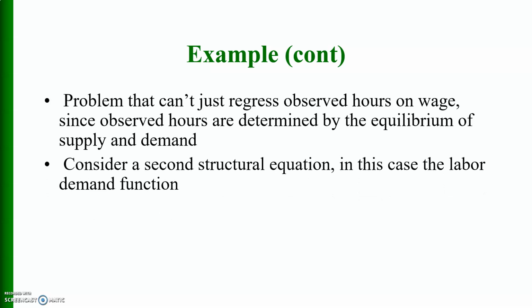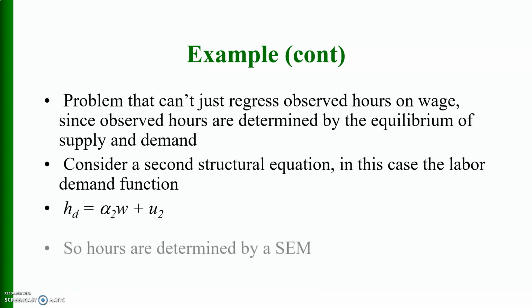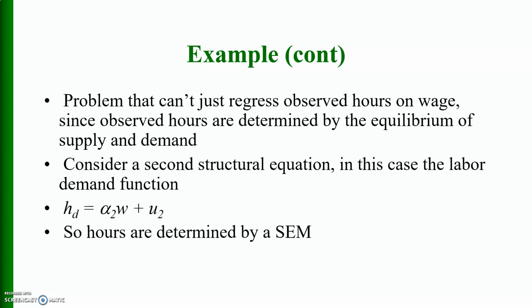Now consider another structural equation, and that is the case of the demand for labor function, and it is shown by this equation HD, which is equal to alpha 2 W plus U2. HD is the number of hours demanded, and W is the wage rate, and U2 is the error term.